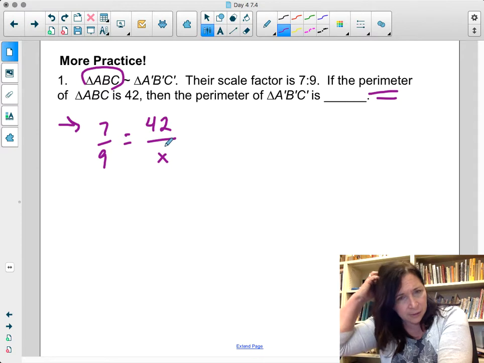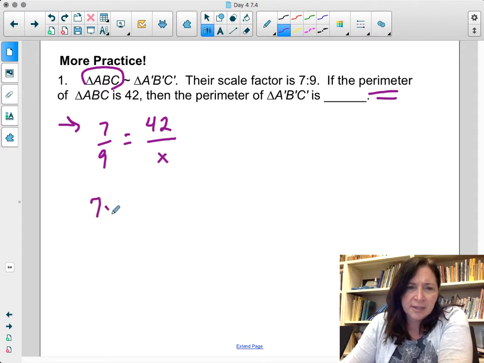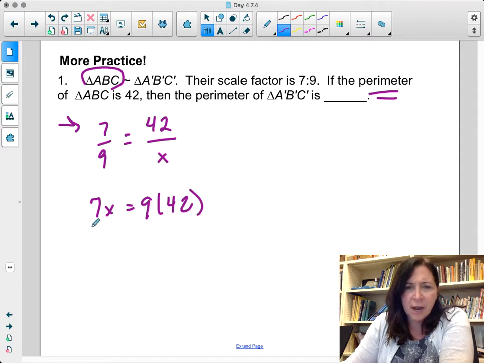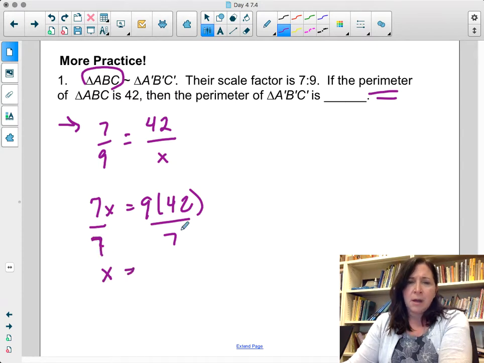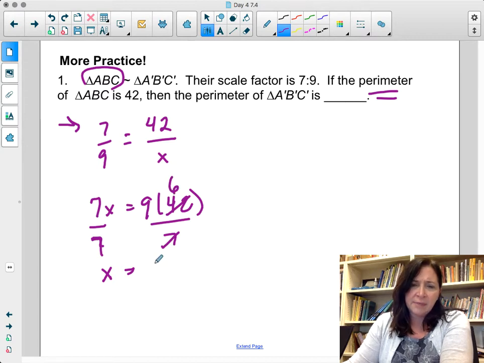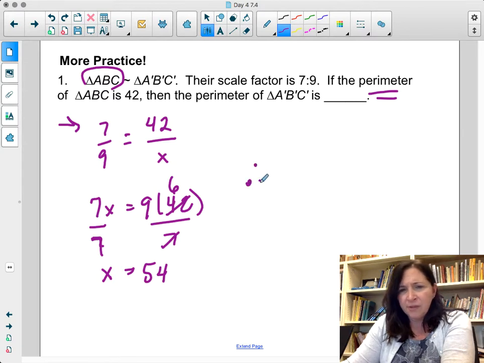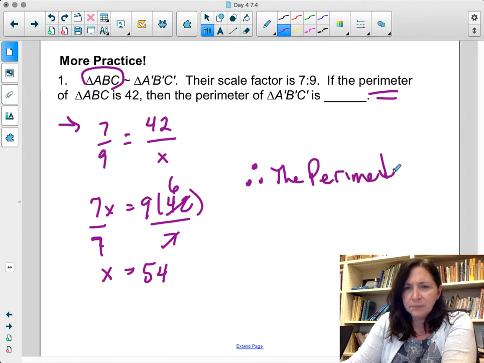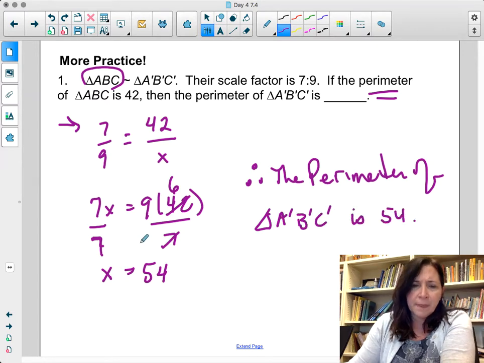So we're just going to call it x, cross multiply, 7 times x equals 9 times 42. I'm going to divide both sides by 7. I'm going to get x is equal to 42 divided by 7, which is 6, times 9, which is 54. So this means, therefore, the perimeter of triangle A prime, B prime, C prime is 54. Okay, cool.